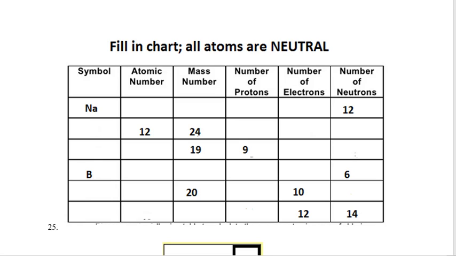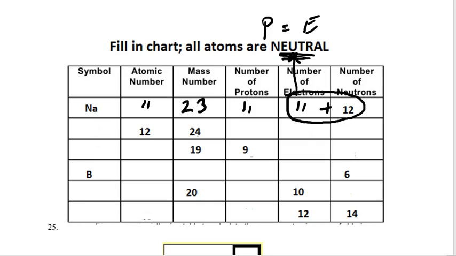All right, so fill in the chart. All atoms are neutral. That means it has the same numbers of protons and electrons. That's what neutral means. So that helps us a lot. Atomic number for sodium is 11. That means it has 11 protons, and the number of electrons is 11 since it's neutral. Now the mass number turns out to be the number of protons, or in this case electrons too, plus the number of neutrons for a total of 23.